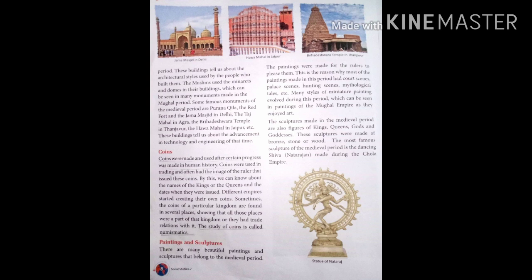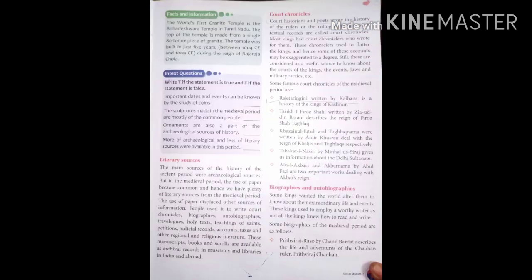Now the next source of history is literary sources. So what are literary sources? Students, literary sources are the information sources reviewed to create a report that are in written form. Basically, इतिहास के वो स्रोत जो हमारे पास लिखित तौर पे मौजूद हैं, written form में.